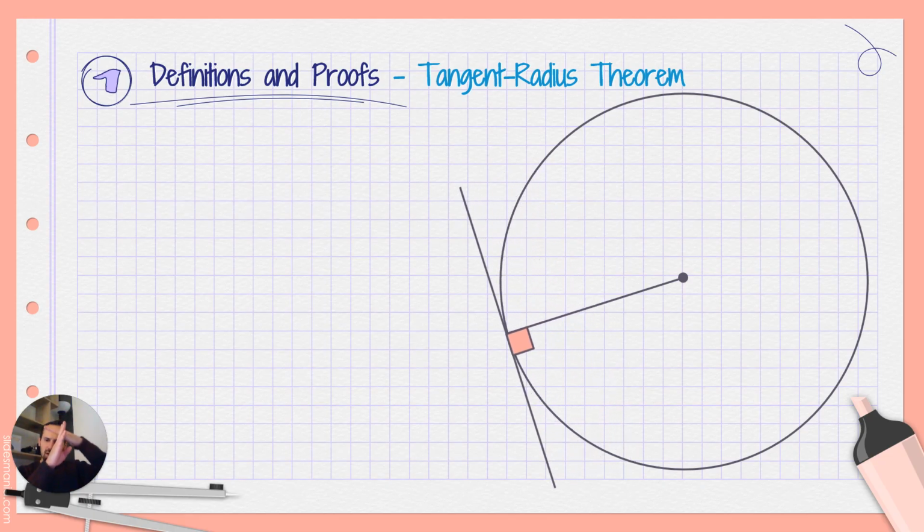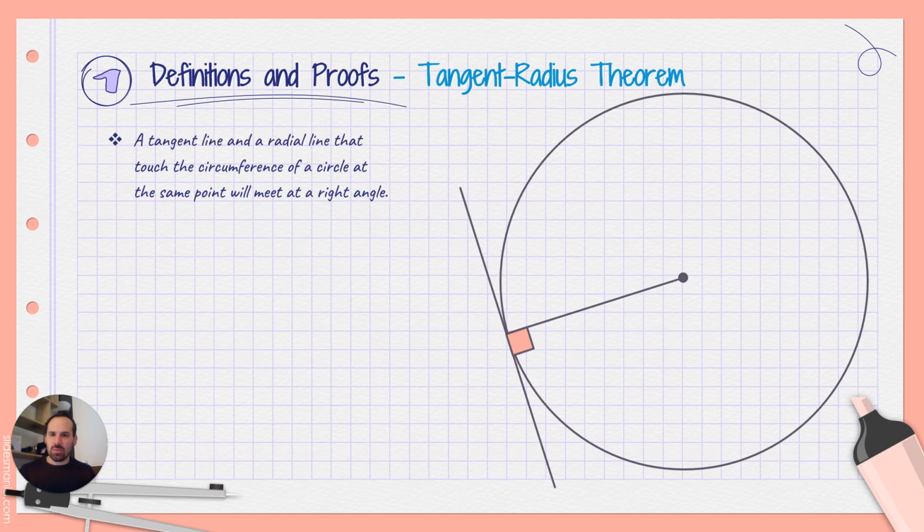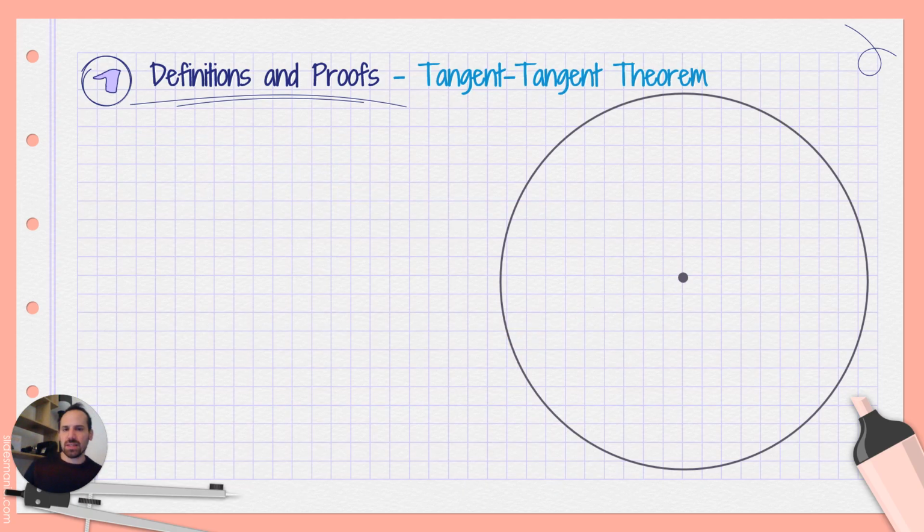Because I've just slid it straight down, I haven't tried to change the line, so the angle's not going to change. It would still be 90 degrees. So even at that point where it's just touching the circle, it's also going to be 90 degrees. So that leads us to the tangent radius theorem, which is that a radial line and a tangent line, if they come to a common point on the circumference of the circle, do so at a right angle. And you can see that's going to be the case.